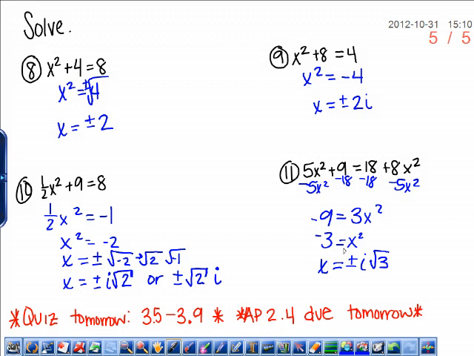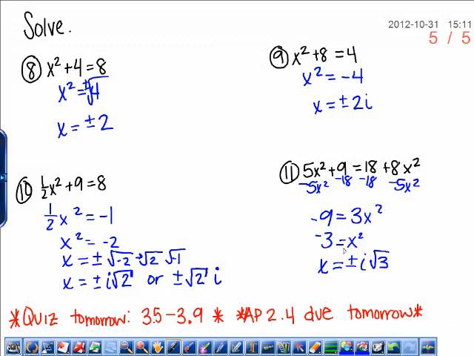You can solve by graphing. How do you solve by graphing? Look where the x-intercepts are, okay? And you can solve like we've been practicing today, just taking the square root of both sides, okay? If there's an x term, like a 7x term, are you going to be able to just take the square root? No, okay?